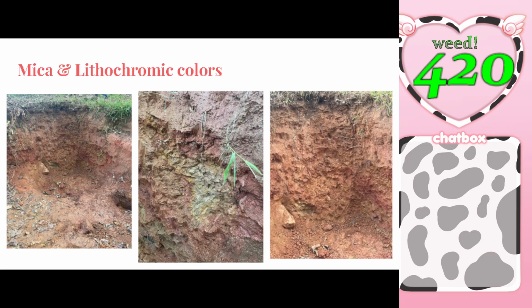Also, this gray soil was way different in texture from the soil up there. That is how we came to the conclusion that this was a lithochromic color. Not me, but my coach and a buddy, an old pal.